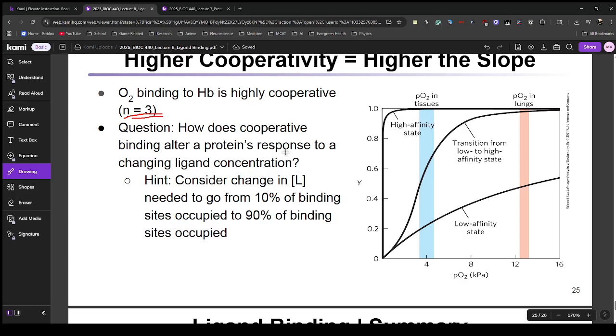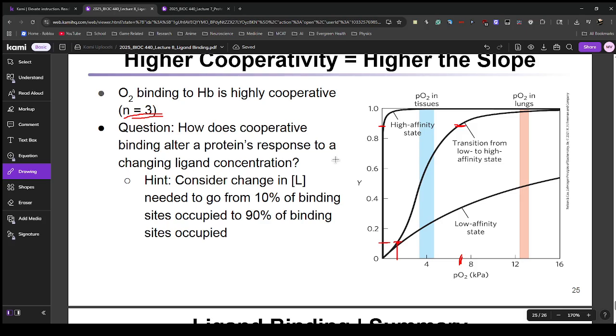So if you look at this, you go from 10% to 90%. The change in ligand goes from probably 2 to 6 kilopascals.